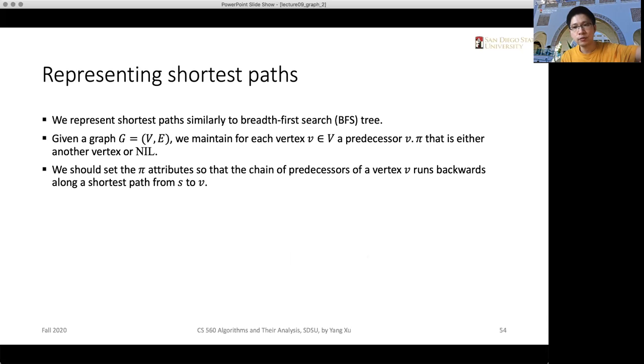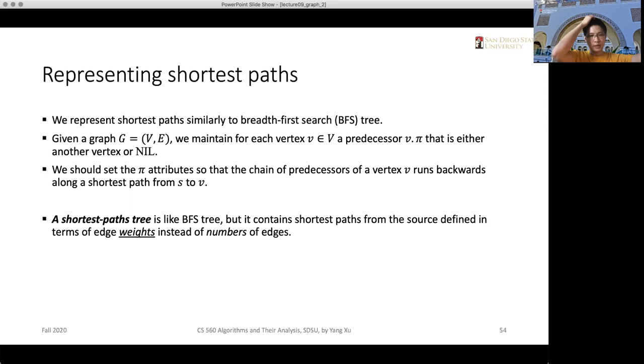So what we need to do is to set the pi attributes, so we can use the chain of predecessors for a vertex, and we can follow that chain backwards along a shortest path from s to v. Okay, so the tree edges in the shortest path tree will give us the shortest path from the source to any vertex.